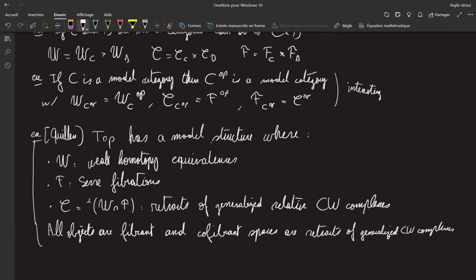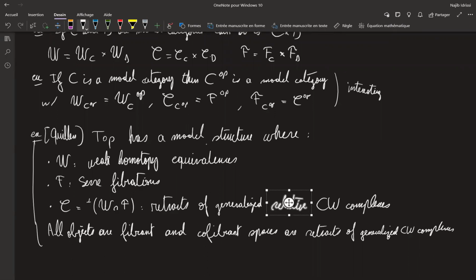Right? So the models, in the sense of model category theory, will be things which are at the same time fibrant and cofibrant. So of course, here fibrant is not a condition, but cofibrant are retracts of generalized CW complexes. These are the spaces that satisfy the Whitehead theorem. Okay, so there is a question, what are the maps? The maps coming from the pair of the relative CW complex. So in the category, the maps are just continuous maps.